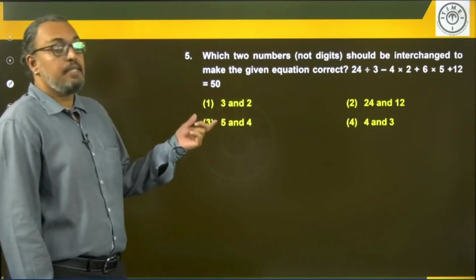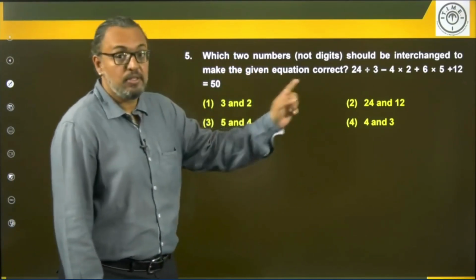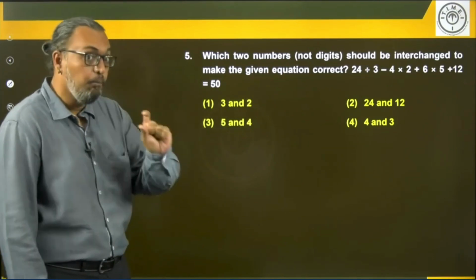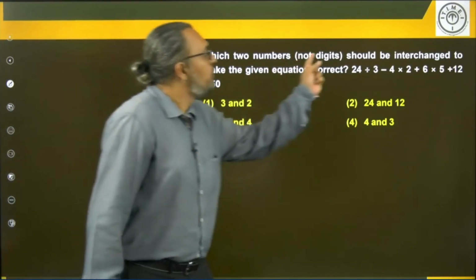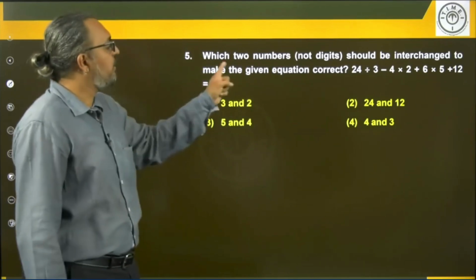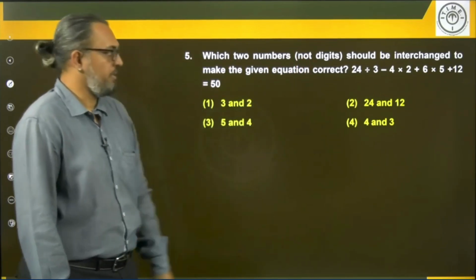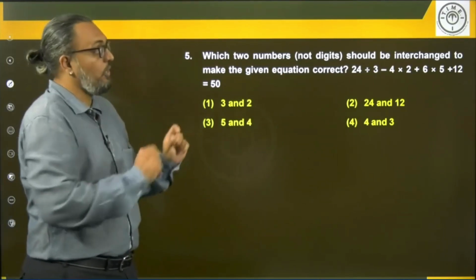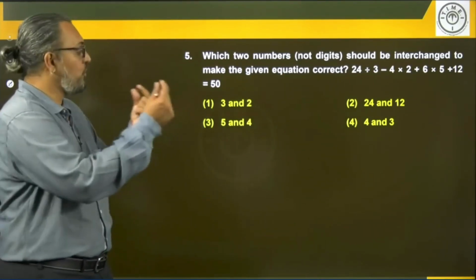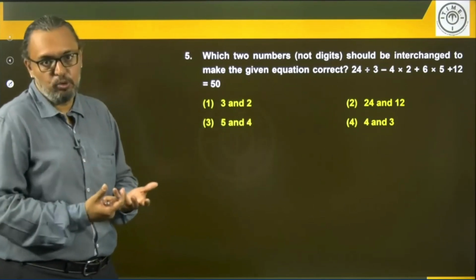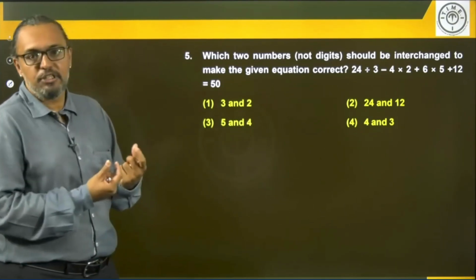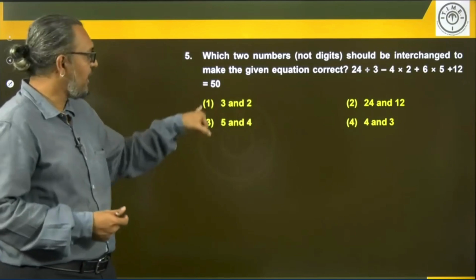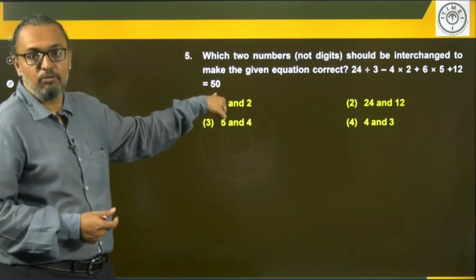Now he says which two numbers, not digits, numbers as a whole, should be interchanged to make the given equation correct. He has given the equation, but among the numbers in that equation, based on the options, we have to find which two numbers, if I interchange them, give the right hand side number, that equals 50.